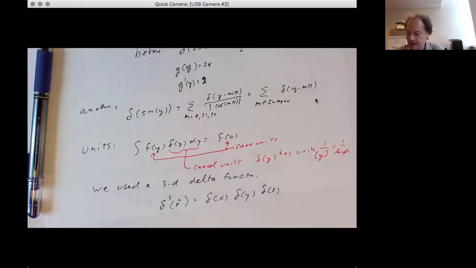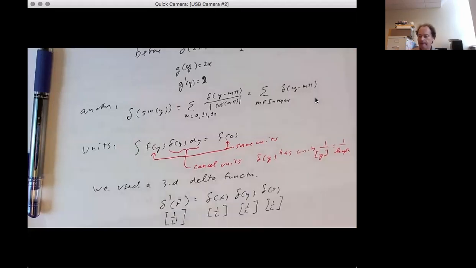Of course, the units of this is 1 over length, 1 over length, 1 over length. So the units of this thing here have to be 1 over length cubed. In other words, it's good for a volume integral. It'll take care of the units for you.